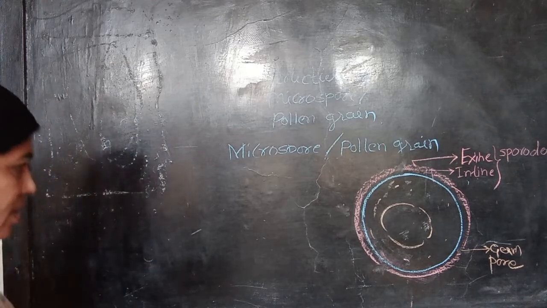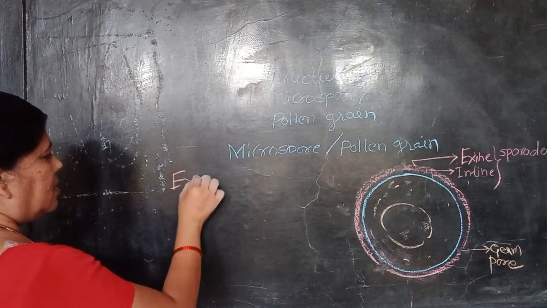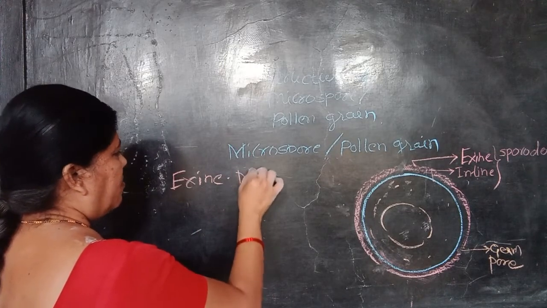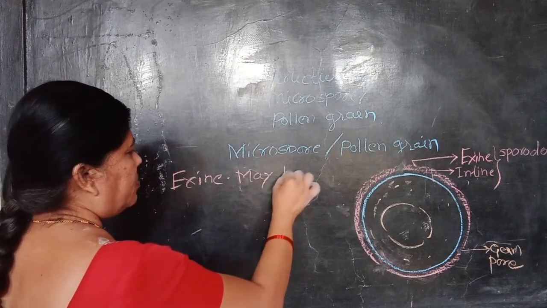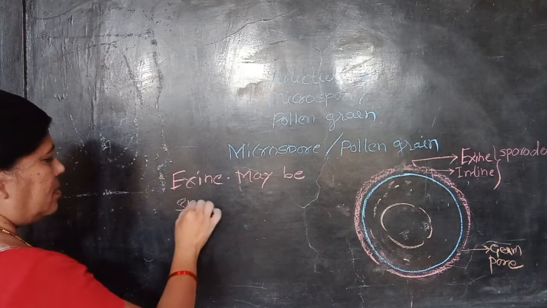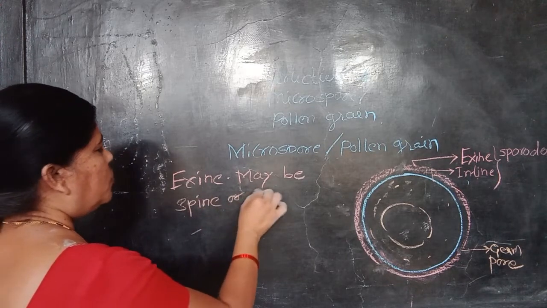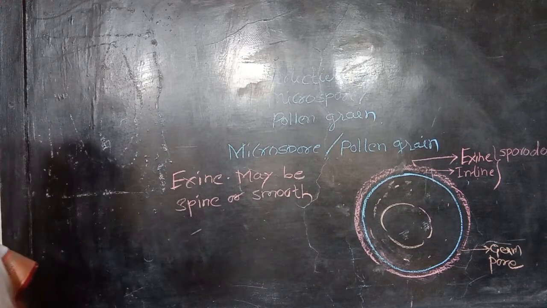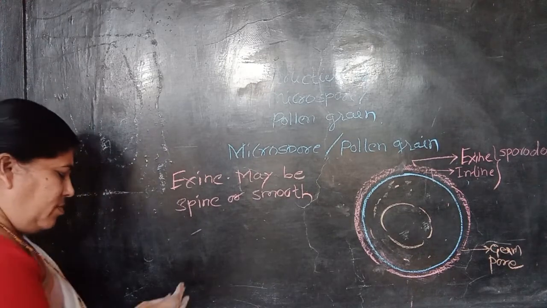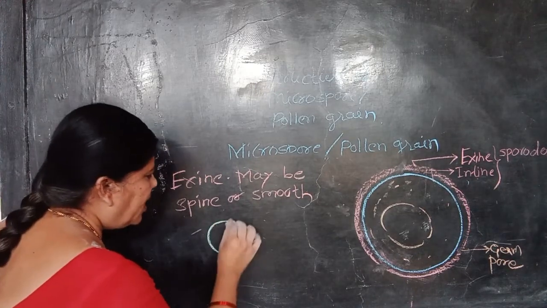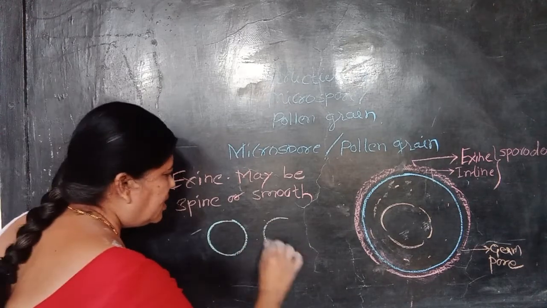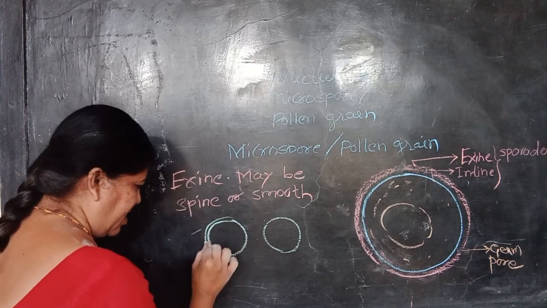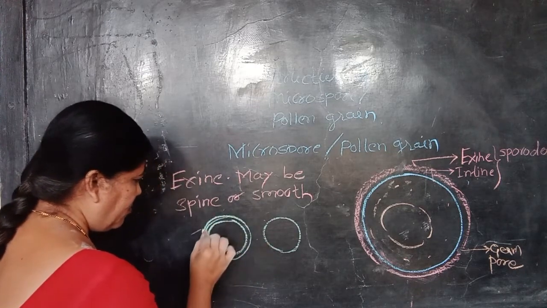Next point, this exine may be spiny or smooth. So this is a pollen grain. This is another pollen grain, and this is exine, which is thick.